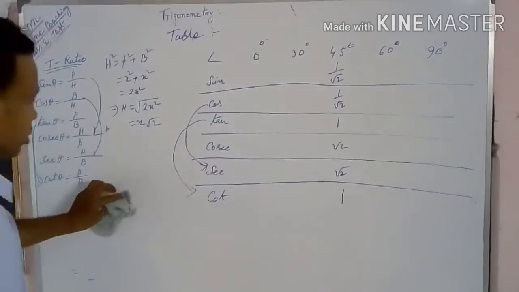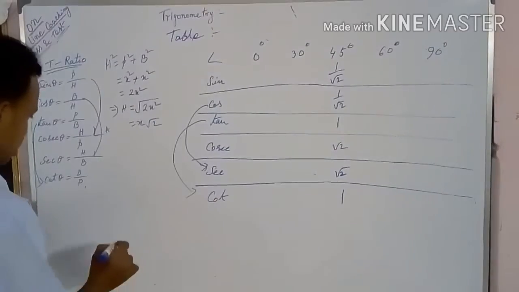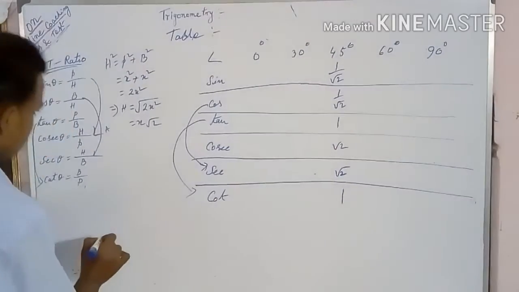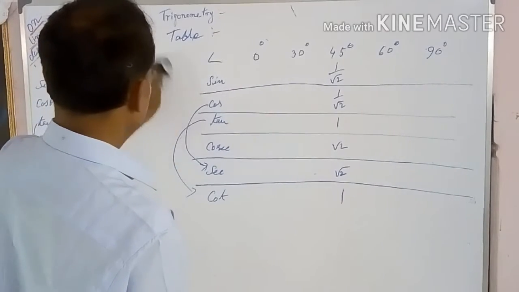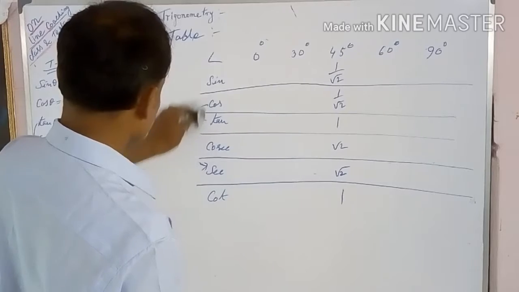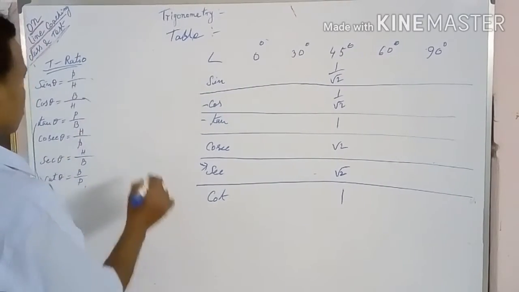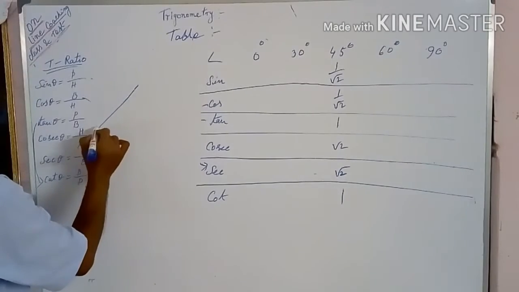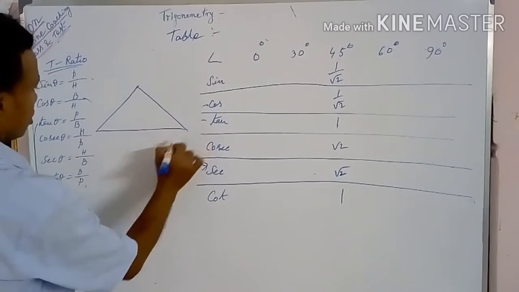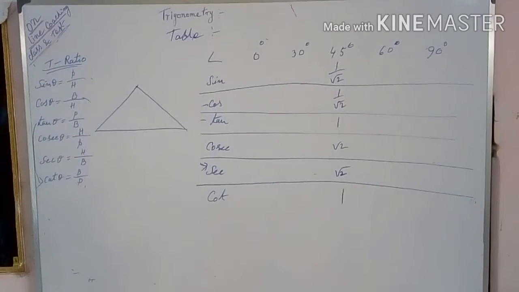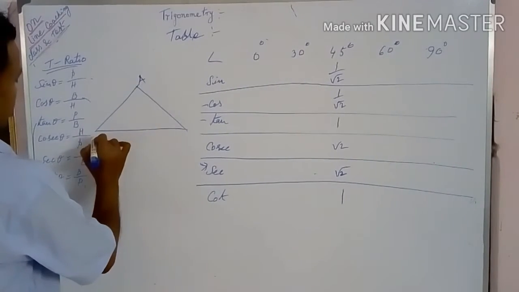Now we will find the values for 60 degree. Draw an equilateral triangle. Equilateral triangle means all sides will be equal. Name the triangle ABC.